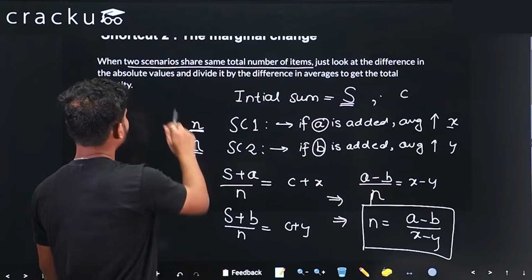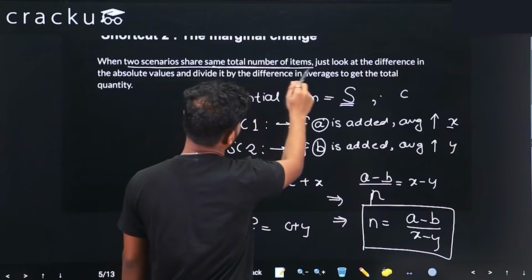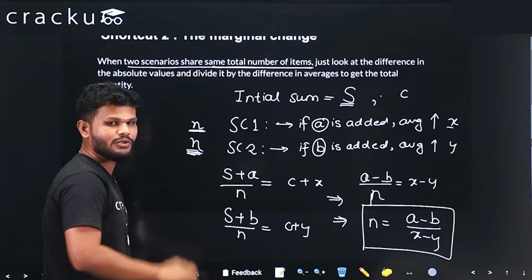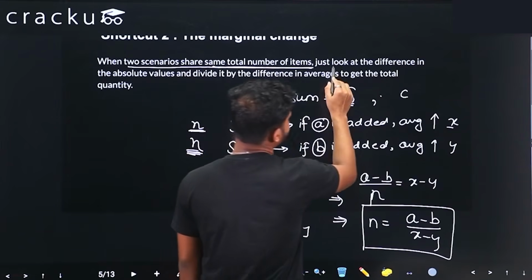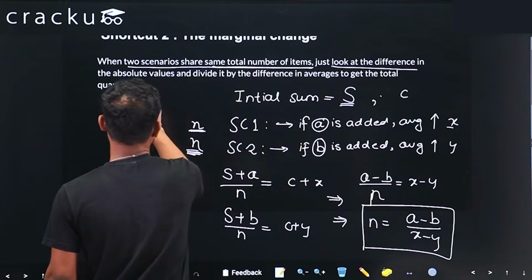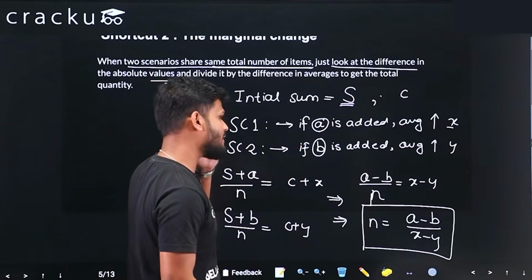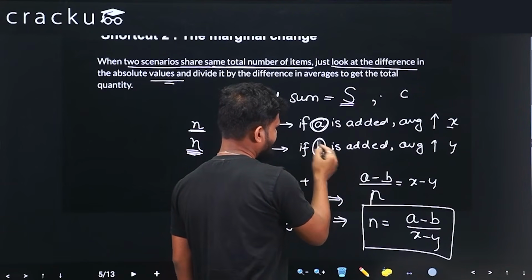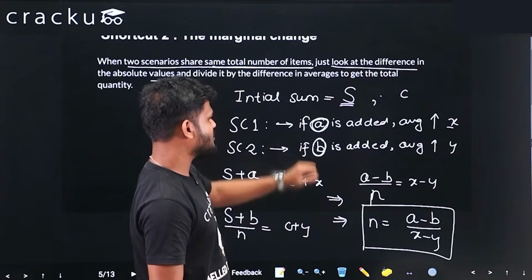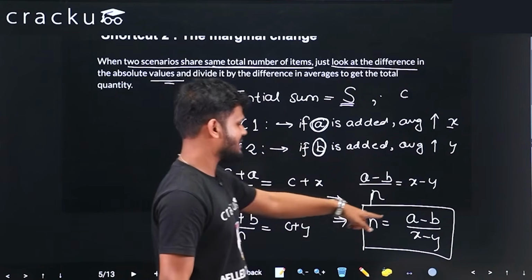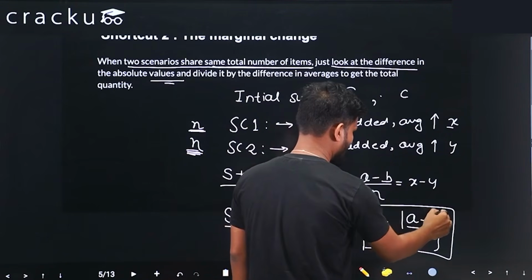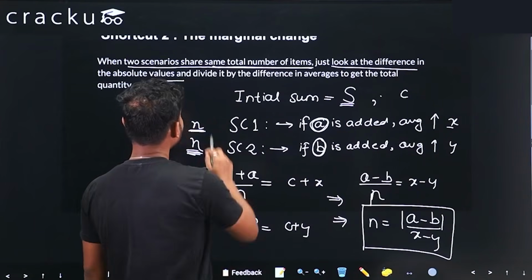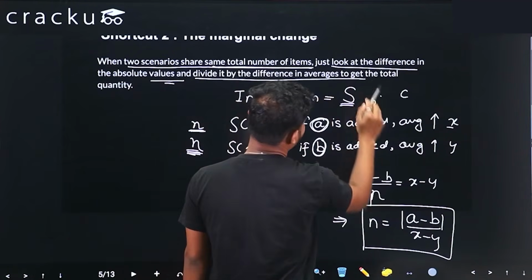It says when two scenarios share the same total number of items, so the same total number of items is N in both cases, then just look at the difference in the absolute values. What are the absolute values? The values which are added. So this is A, this is B. So these values are added. So the difference between them is nothing but A minus B, and divided by the difference in the averages.